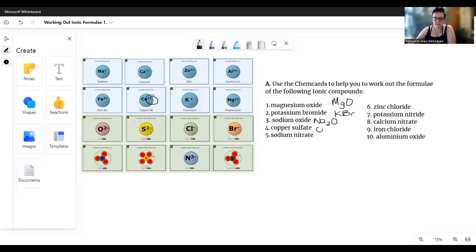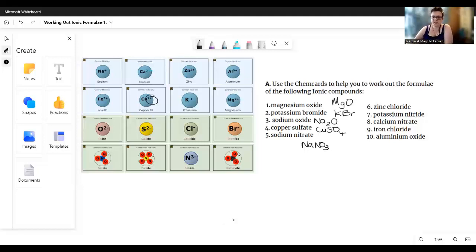So those match. So we have CuSO4. And the sodium nitrate, we have Na for sodium, and then NO3 for nitrate. So sodium is a 1 plus charge, nitrate has a 1 minus charge.